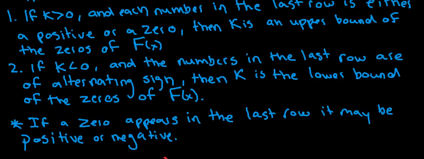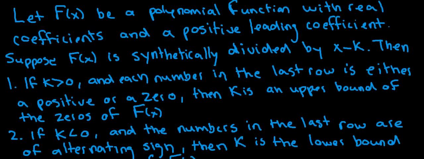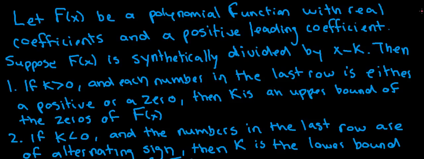So now that we know what bounds are, let's talk about the rules for bounds. The rules for bounds are as follows. Let f of x be a polynomial function with real coefficients and a positive leading coefficient. Suppose f of x, so suppose our polynomial, is synthetically divided by x minus k.